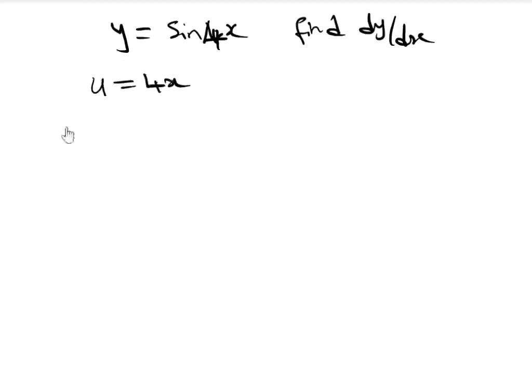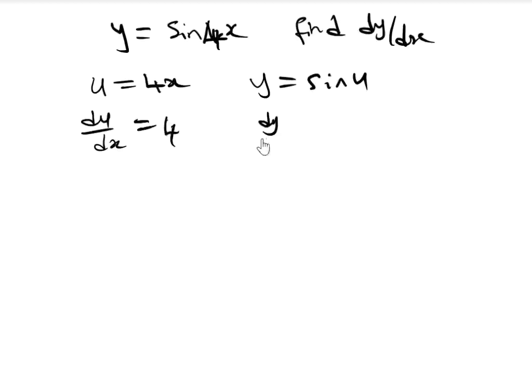If u is equal to 4x, then y is equal to sine u. Differentiation of 4x gives me 4, and differentiation of sine u, which is dy/du, is cos u, and this is equal to cos 4x.